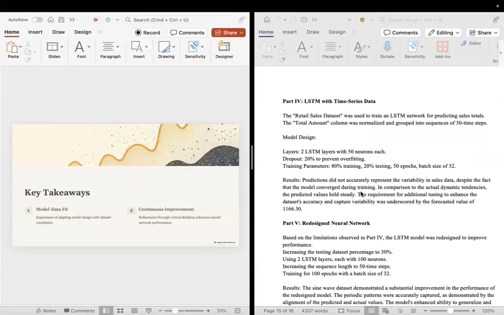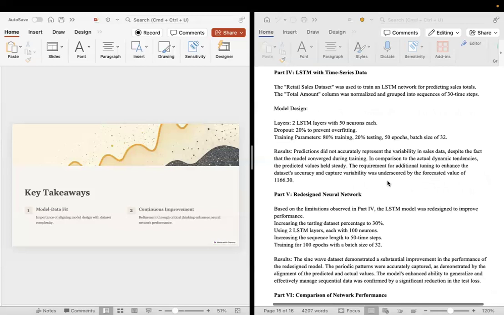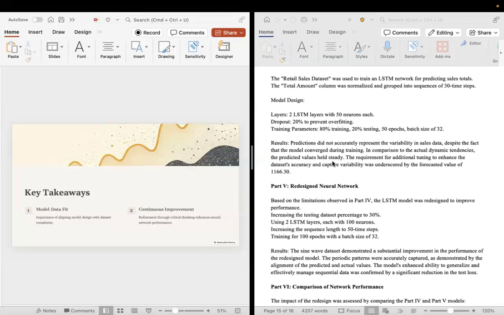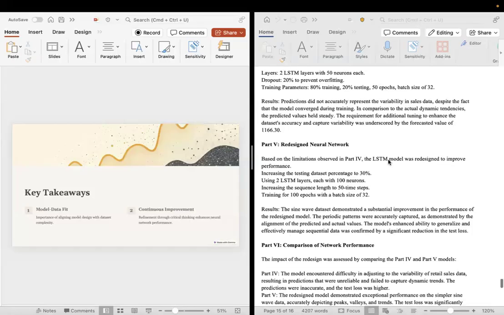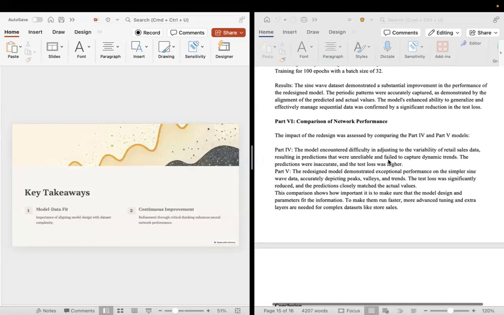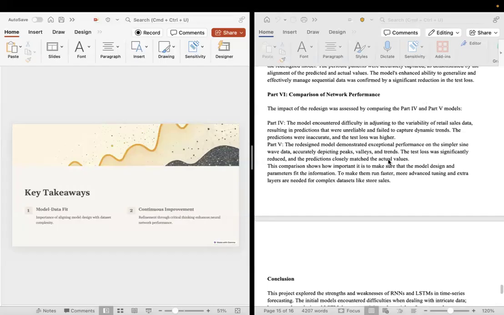Dropout is 20% to prevent overfitting. Training parameters: 80% training and 20% testing, 50 epochs, batch size of 32. Here are the results. Coming to part 5, redesign of neural networks. In part 6, comparison of neural network performance.